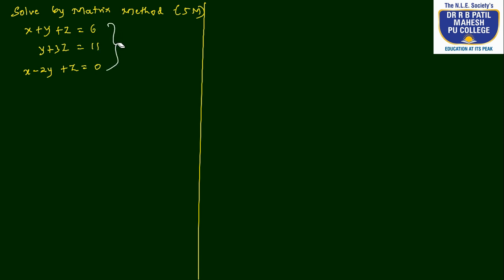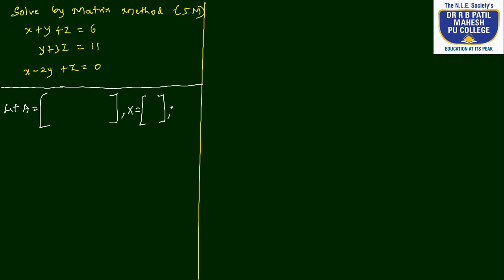When you have a system of linear equations in 3 variables, the first step is to write 3 matrices here. First one is A, and then capital X, and then capital B. What are these matrices?